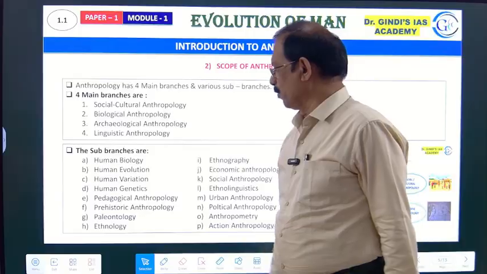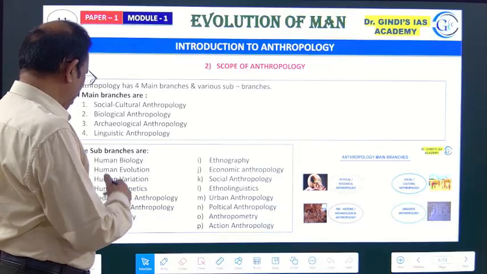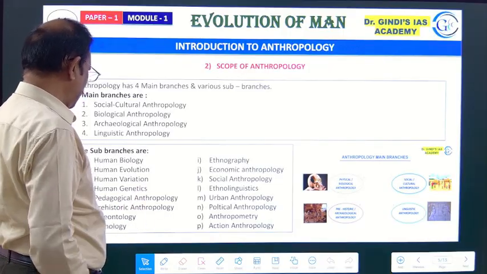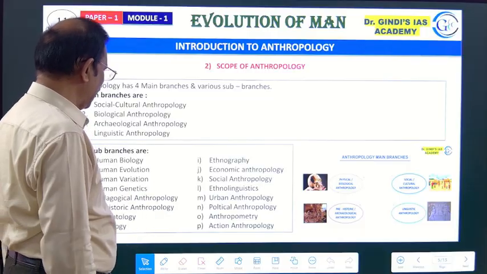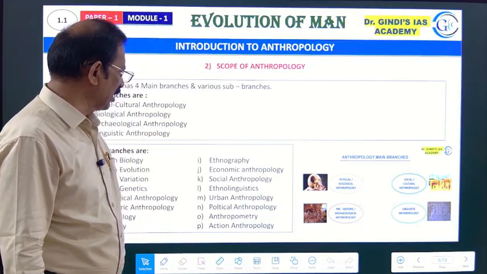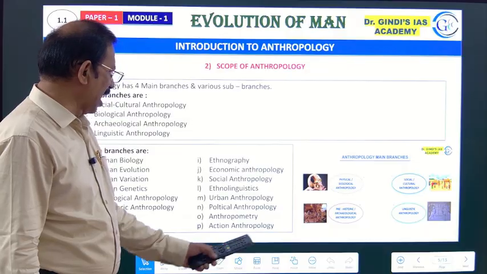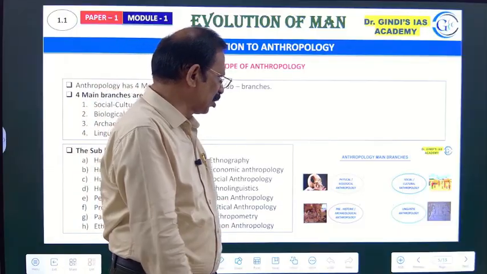Sub-branches: human biology, human evolution, human variation, human genetics, pedagogical anthropology, prehistoric anthropology, paleontology, ethnology, ethnography, economic anthropology, social anthropology, ethno-linguistics, urban anthropology, political anthropology, anthropometry, action anthropology, like this.